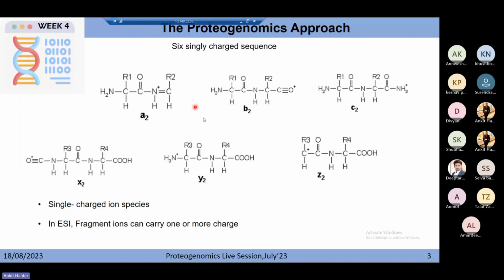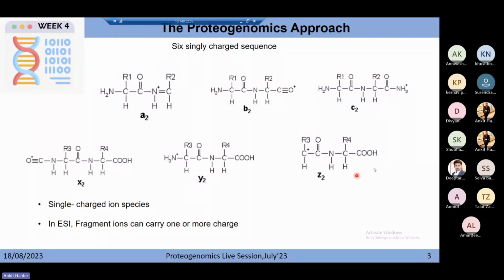Similarly, this is the b ion. R1 and R2 are your side chains, and when it gets fragmented it produces a signal at the N terminal. Similarly, this is the c ion after fragmentation, and this is the x ion, this is the y ion, and this is the z ion.